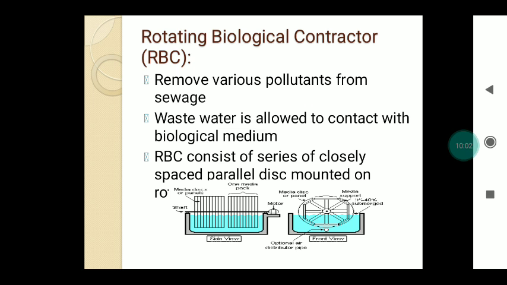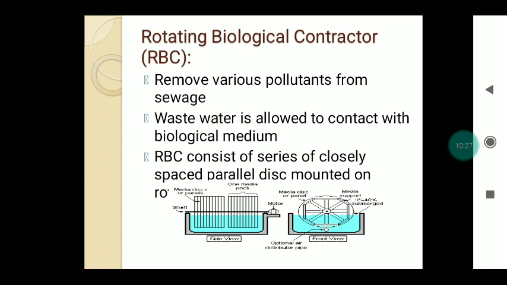So the next point is the rotating biological contactors, that is the RBC. This is another treatment unit which is responsible for the biological treatment of sewage or wastewater, and is utilized for removing various pollutants from the sewage. The wastewater is allowed to contact with the biological medium.